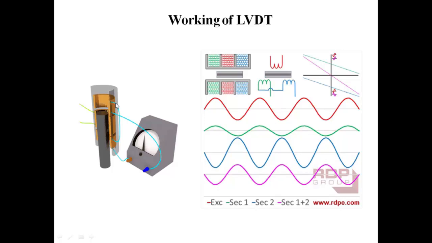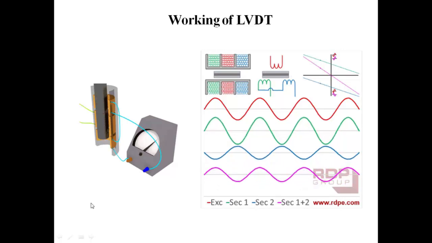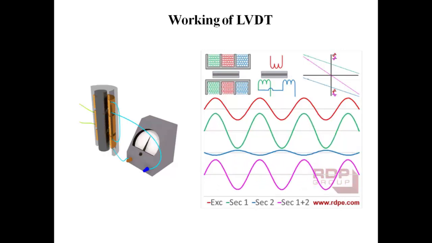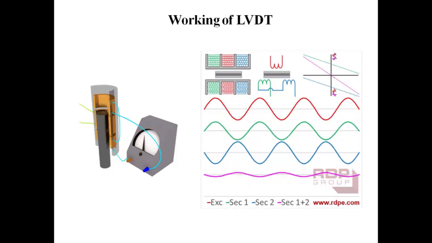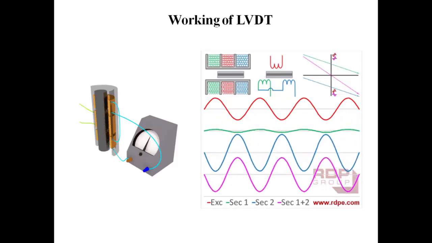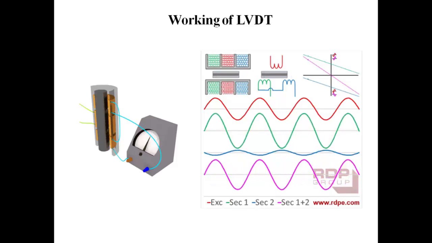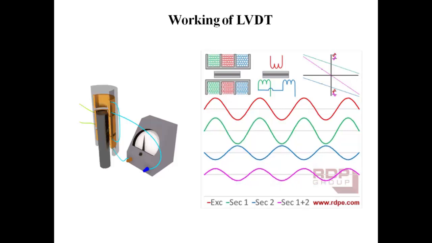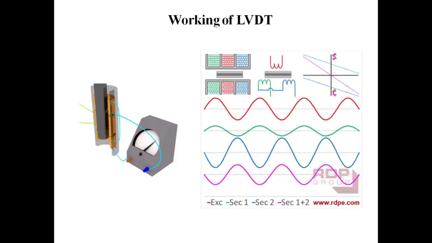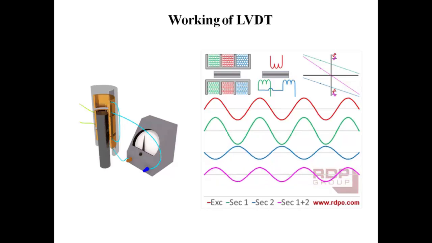On the left hand side, this is what it looks like when you manufacture it as a sensor or a transducer. There's a core in between which is attached to the moving element. When it moves, you can measure the voltage deflections. So this is how you can use the concept of mutual induction to measure the displacement.